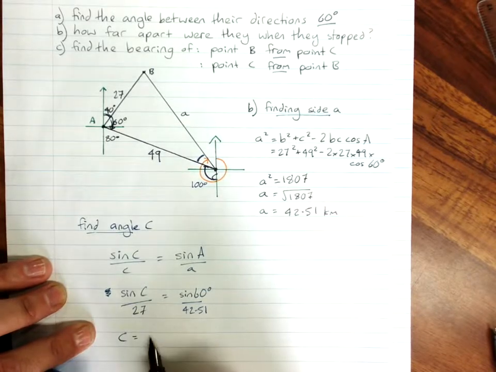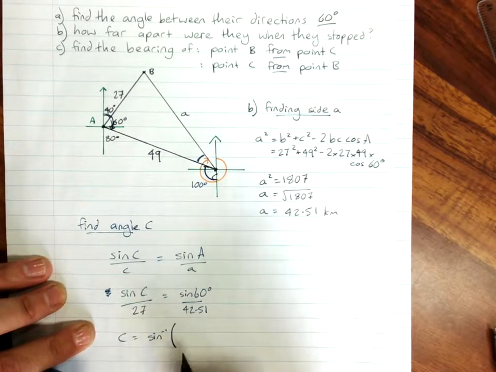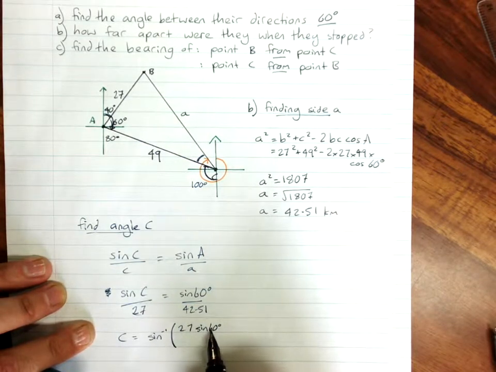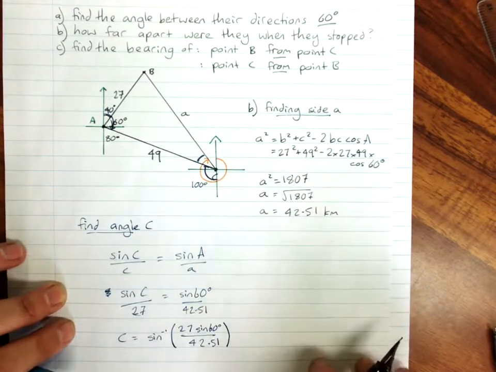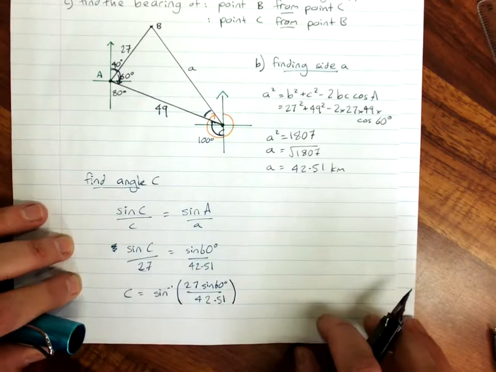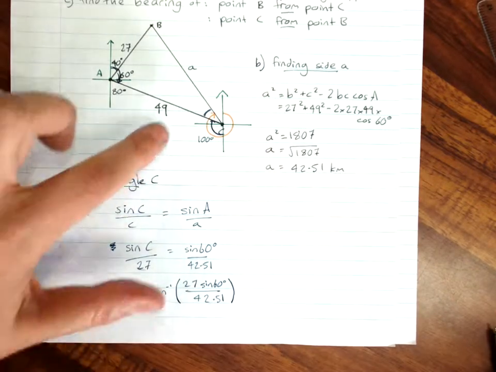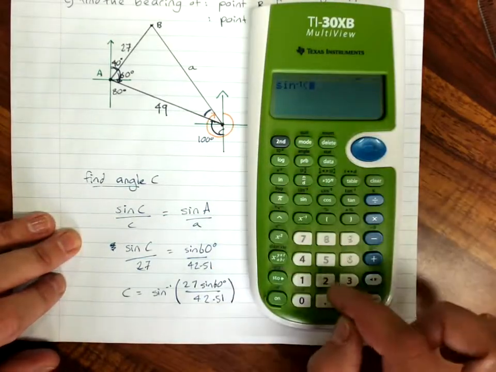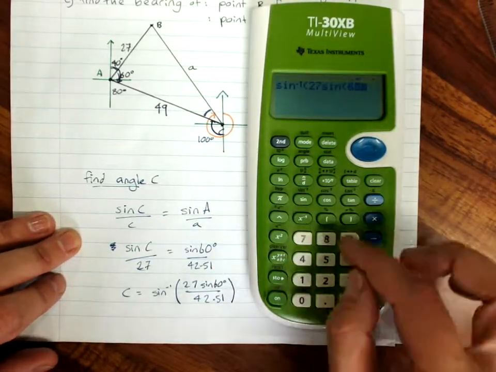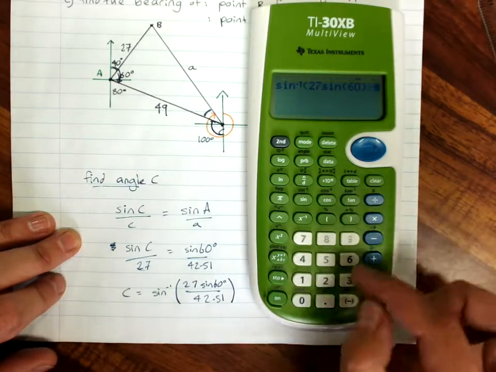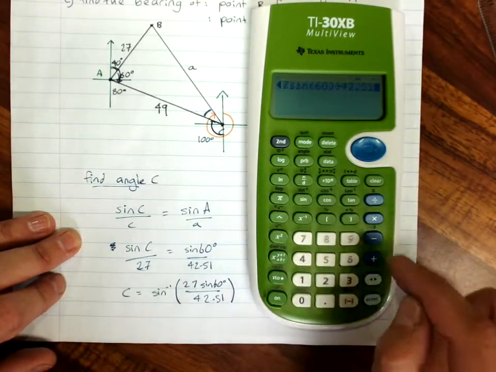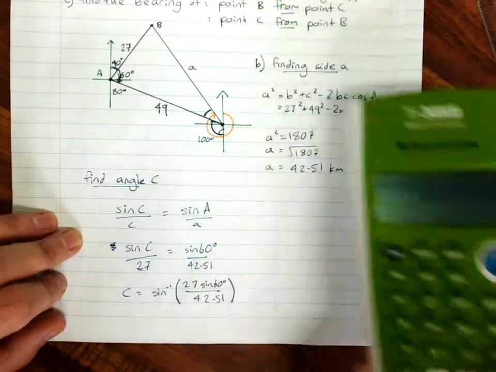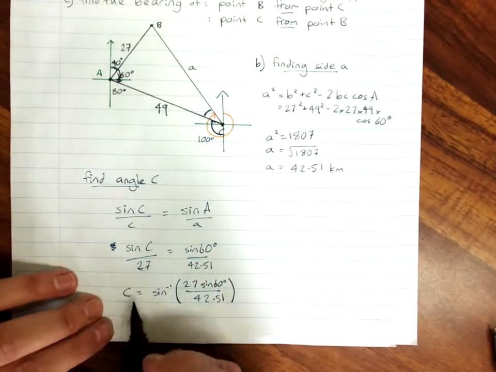Rearrange, inverse sine, take our 27 up to here, and solve that to get angle C. So angle C, 33 degrees. We'll go to the nearest whole number for this one.